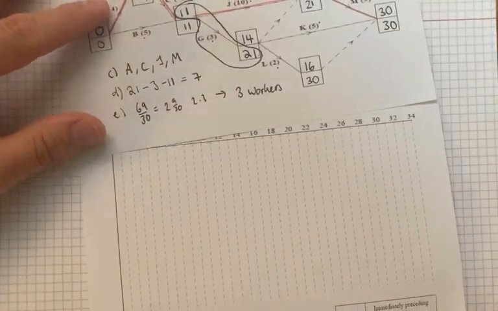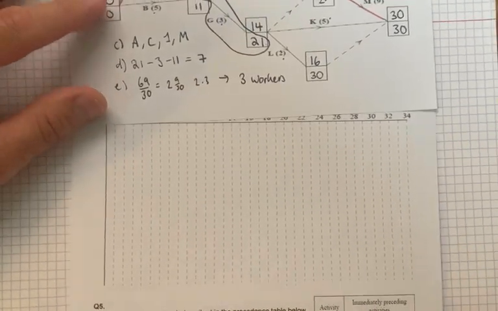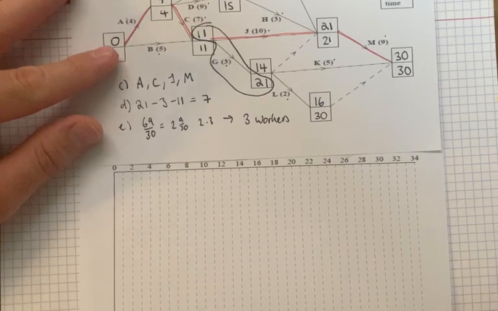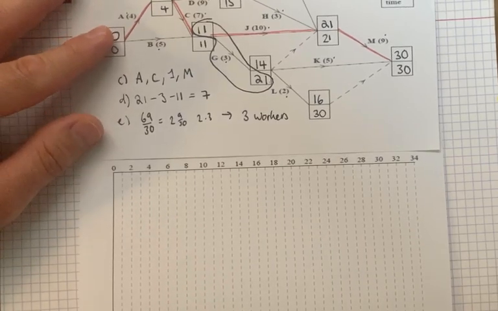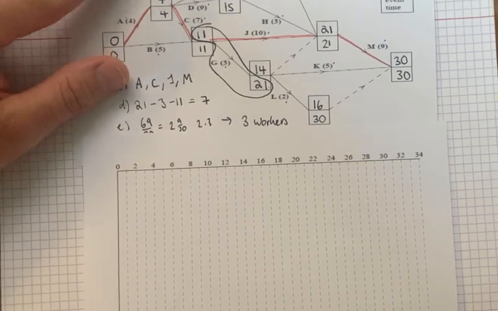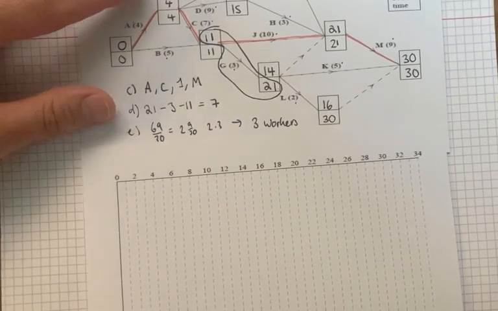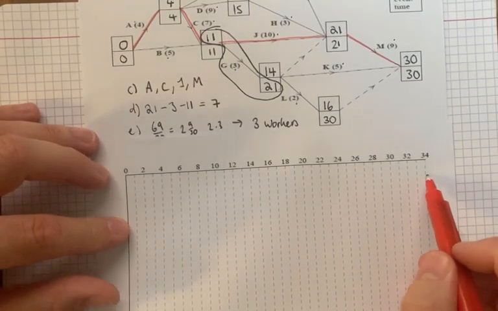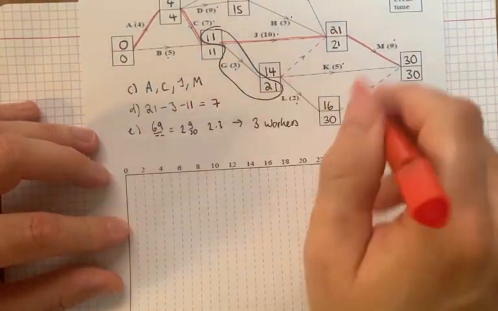So the first thing to do on a Gantt chart is to put on the critical path on the top row. Note it goes up to 34, that's deliberate in case you've messed this up.